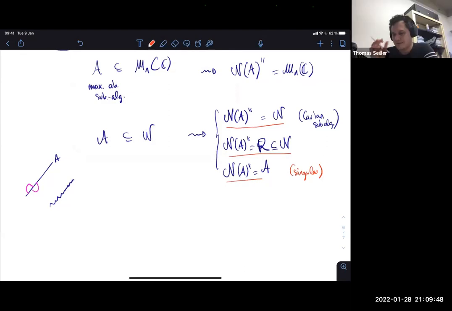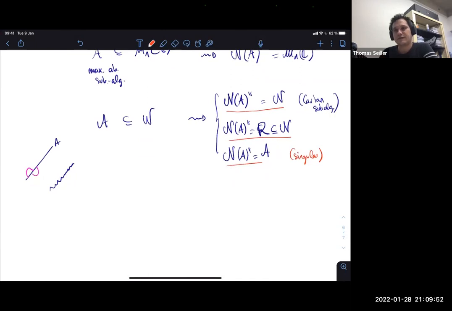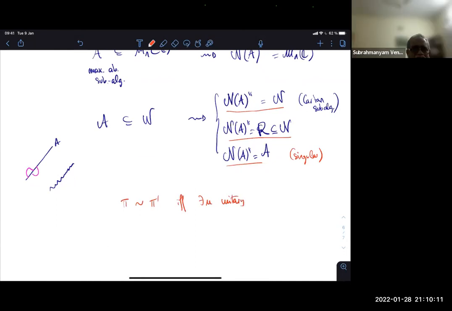So let me say one thing, which is that the finite Von Neumann algebras are actually the ones in which the projections are finite in some way. So if you take a projection, you can say it's equivalent to another one if and only if there exists a unitary mapping one to the other. What would it be?